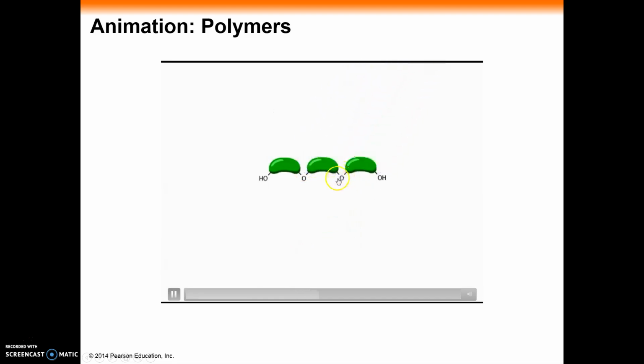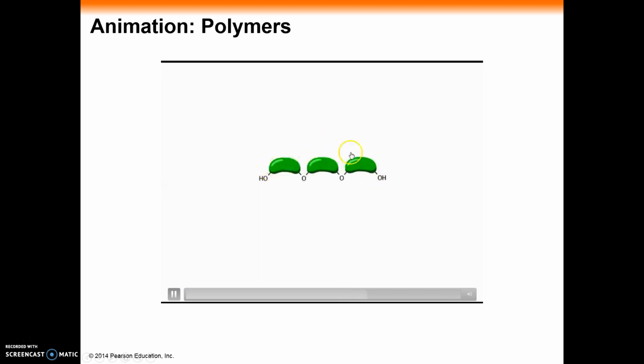One water molecule comes off in this process. Since we are generating a free water in the production of this, we can call this a dehydration reaction, and we'll come back to that in a second.